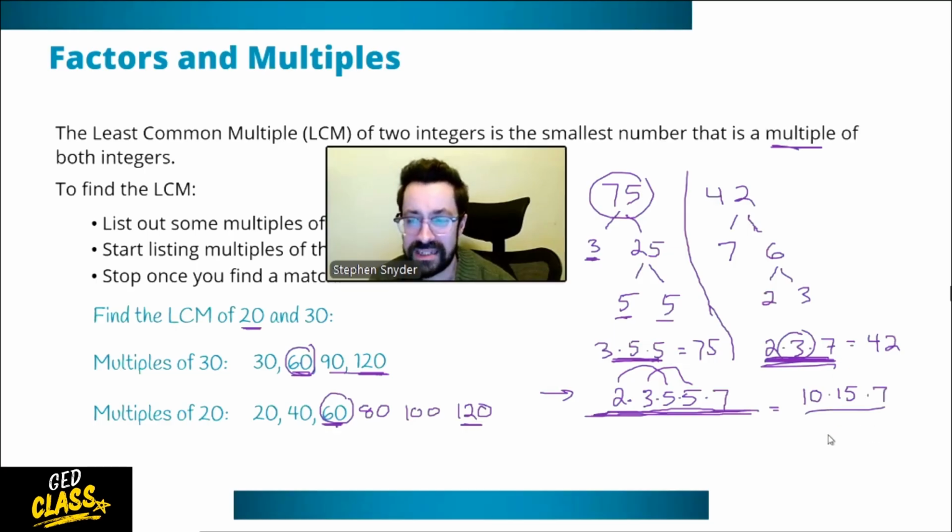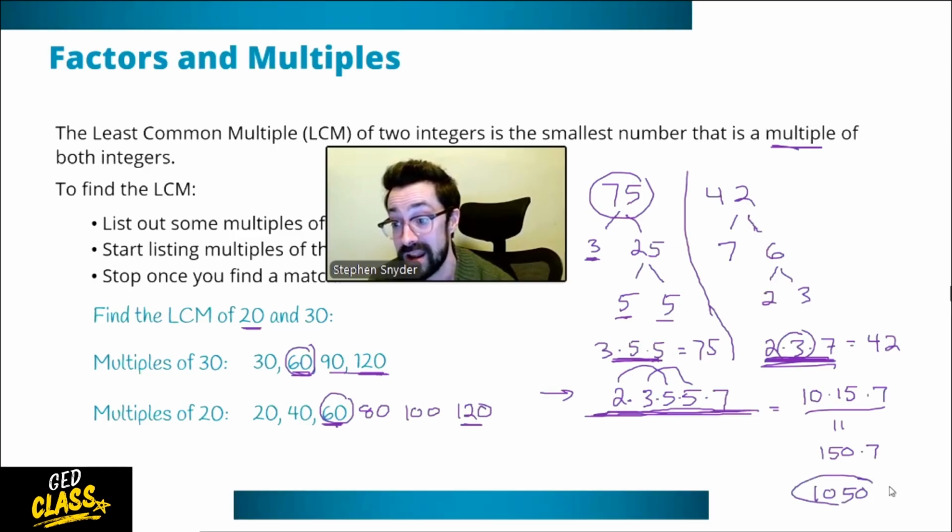So that'll be the same thing as 150 times 7. And okay, that's pretty big. What is this going to be? 7 times 100 is 700, and 7 times 50 would be 350. So 700 plus 350 would be 1050.